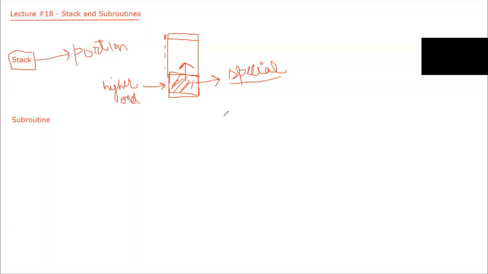And this memory has a specific pattern: whenever we are inserting something into this memory, or removing something from this memory, it follows a first in, last out order.